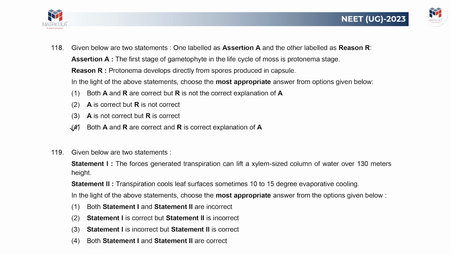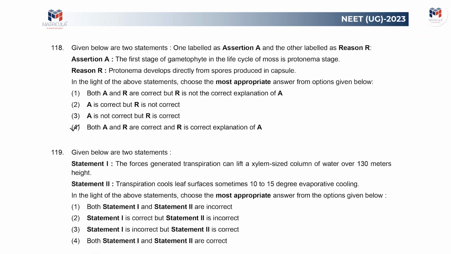Question number 119. Given below are two statements. Statement 1. The forces generated by transpiration can lift a xylem-sized column of water over 130 meters height. Statement 2. Transpiration cools leaf surfaces, sometimes 10 to 15 degree evaporative cooling. In the light of the above statements, choose the most appropriate answer from the option given below.